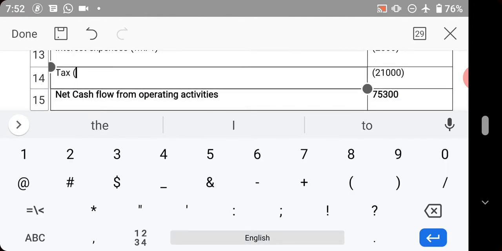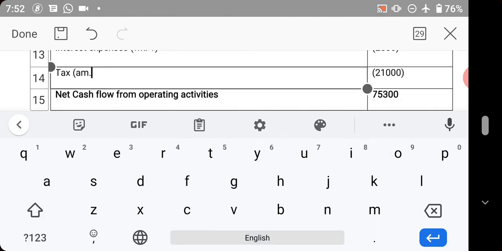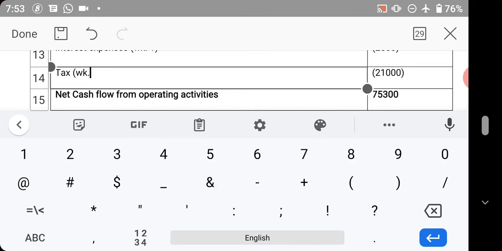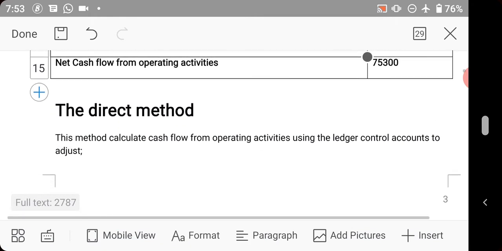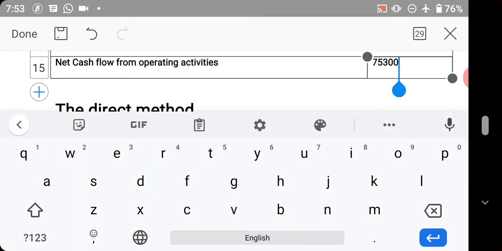Then this might be your working number 2. Good. So when you now deduct these two, you now have your net cash flow from operating activities.